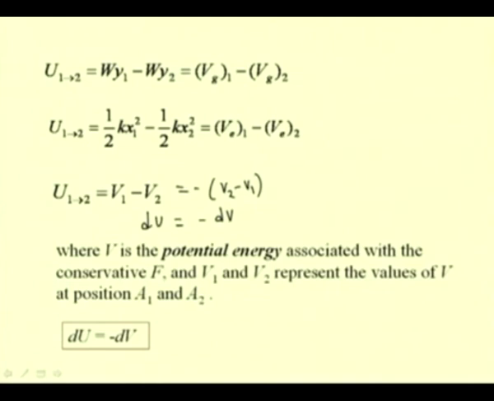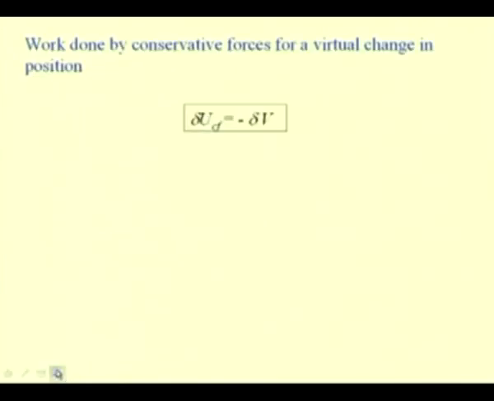So, this differential form can now be advantageously used to analyze the systems where conservative forces are involved. Now, the work done by the conservative forces for a virtual change in the position, delta U CF, is equal to minus delta V.